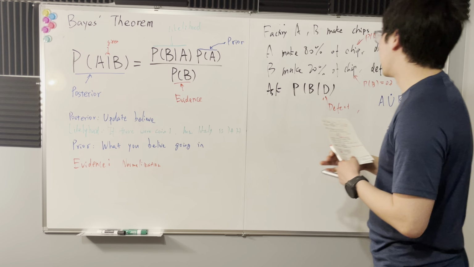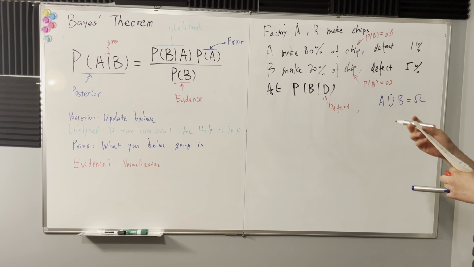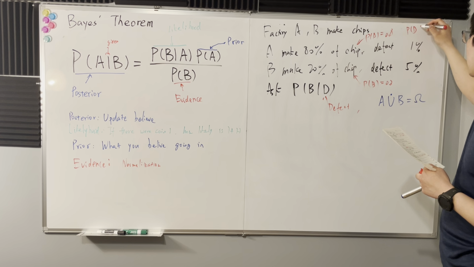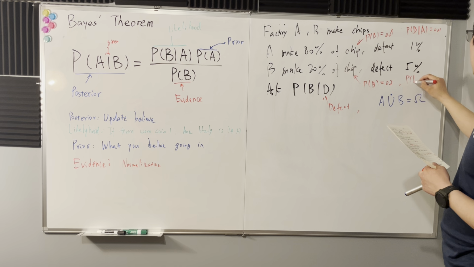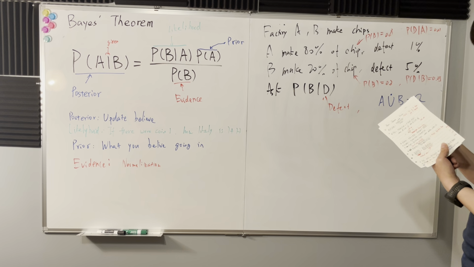A lot of the time you ignore it and just assume it, but it's good to add it there. The probability of defective given chip A is 0.01. Similarly, defective given B is 0.05.